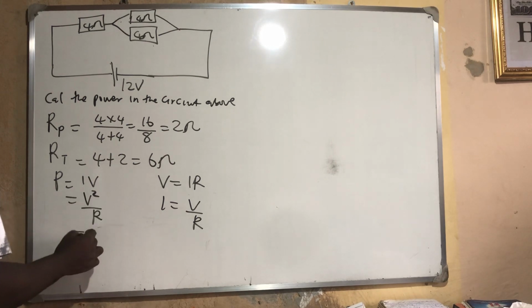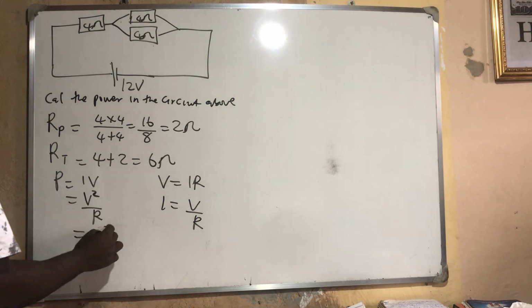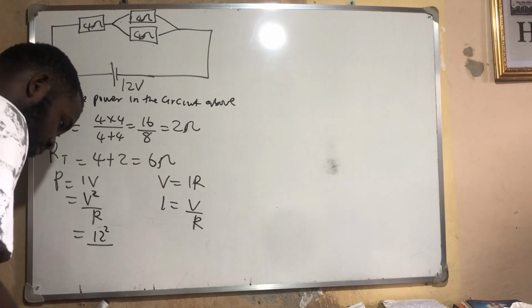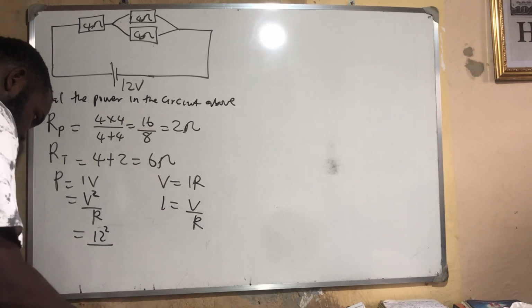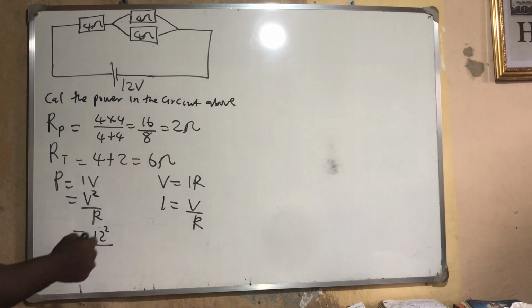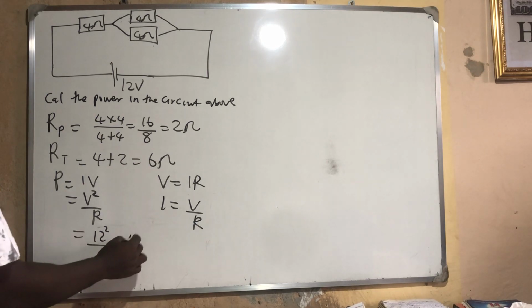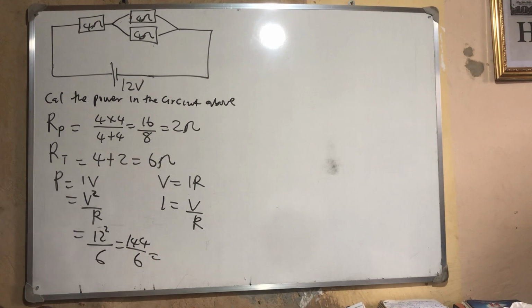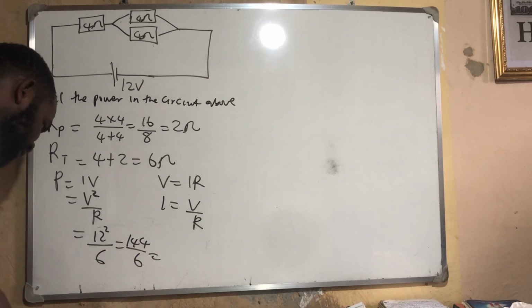So what do you have? My V squared is 12 squared divided by 6. So which is 144 divided by 6.